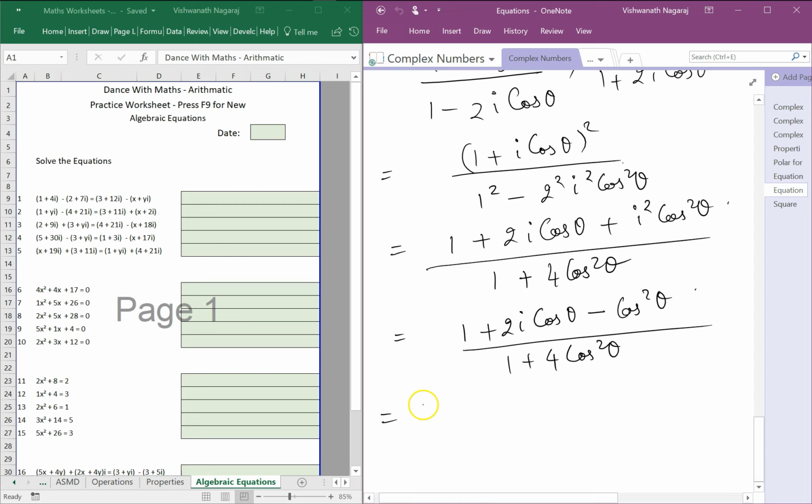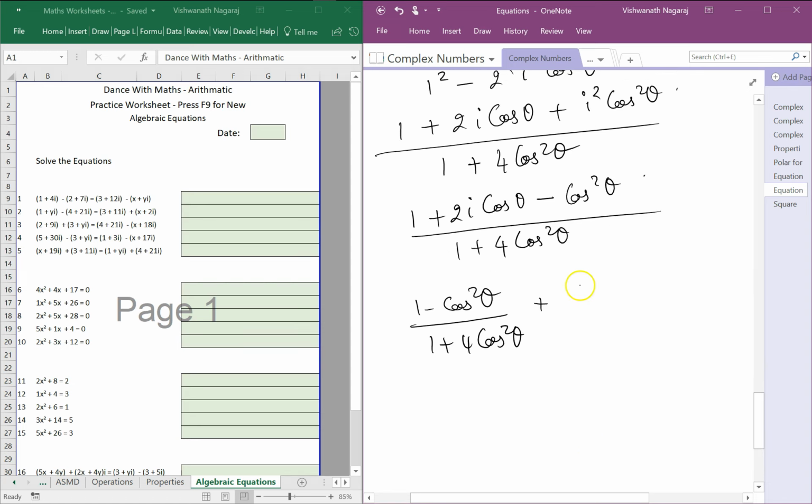Now let's split this into real and imaginary parts: (1 minus cos²θ) by (1 plus 4cos²θ), plus 2i cosθ by (1 plus 4cos²θ).